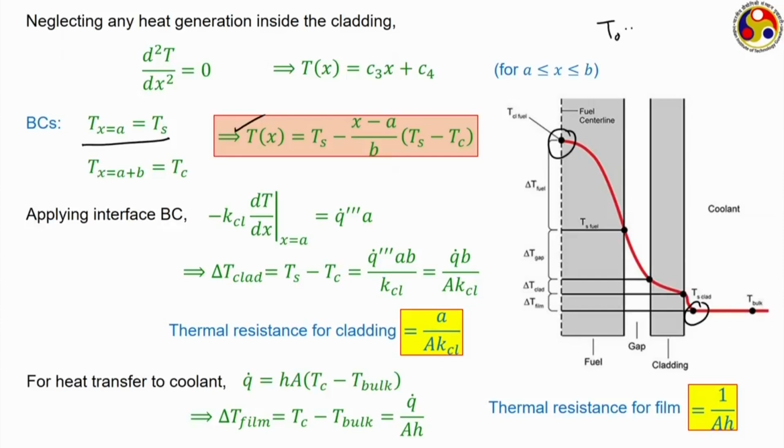So, T naught minus T bulk divided by heat transfer rate should be equal to the summation of all these resistances. We have already calculated the resistance corresponding to the fuel, the cladding, and the coolant film, I should say. And if a gap is involved, then we can also calculate the resistance for that gap and add to this.